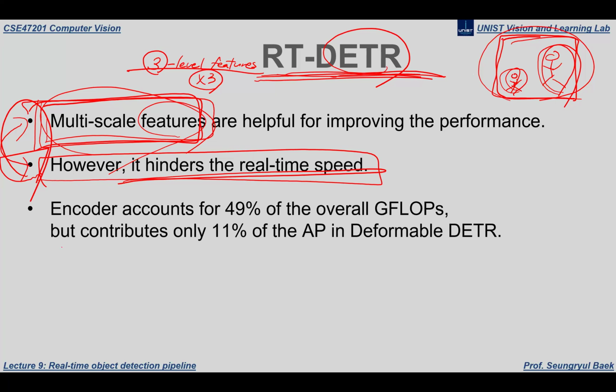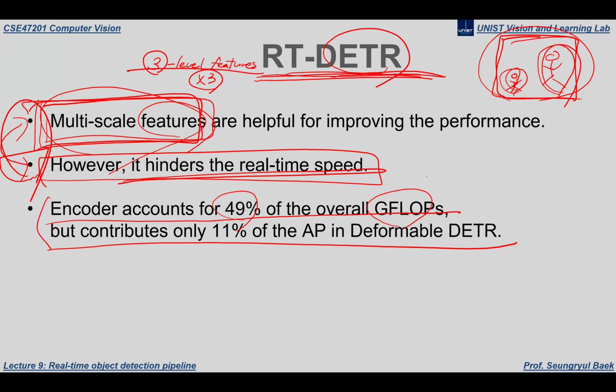Okay. And the other important motivation is that in DETR, we have both the encoder and decoder of the transformer, but they observed that the encoder accounts for almost half of the overall GFLOPs, which means the time complexity.